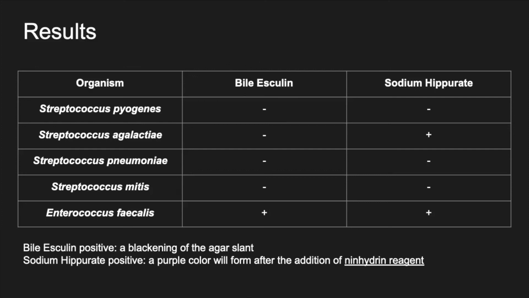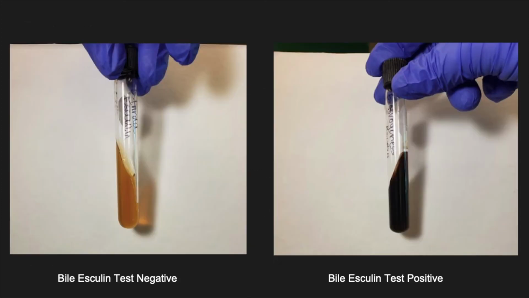So this next slide is just showing you the difference between a bile esculin negative and a bile esculin positive test. The bile esculin tube on the left there, you can see no color change has occurred after incubation, so we would call that a negative test. However, the bile esculin on the right is blackened after incubation, and that is indicative of a positive test result, right?